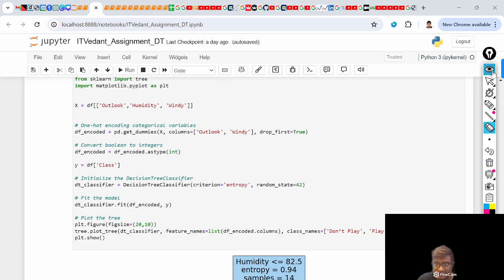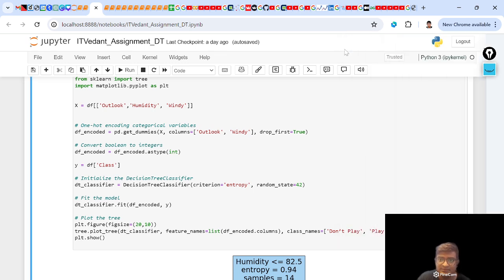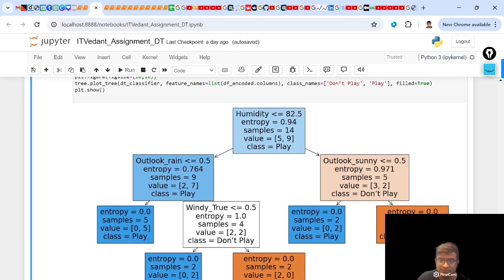Okay, once we plot the tree, this is a fully grown tree.